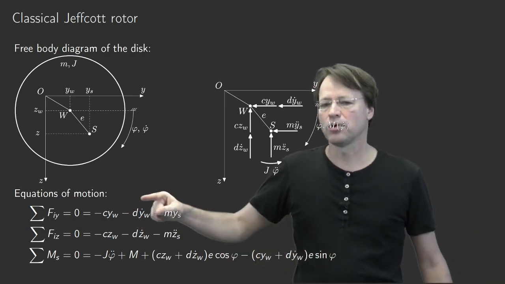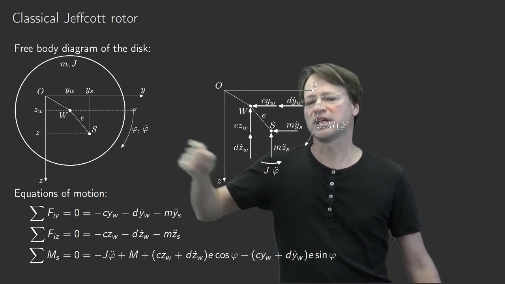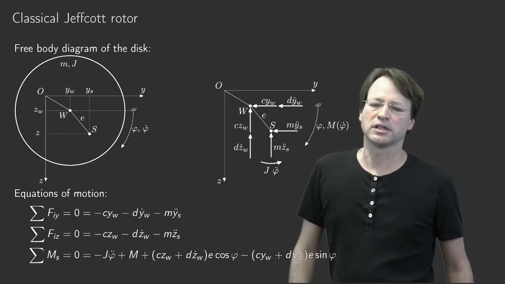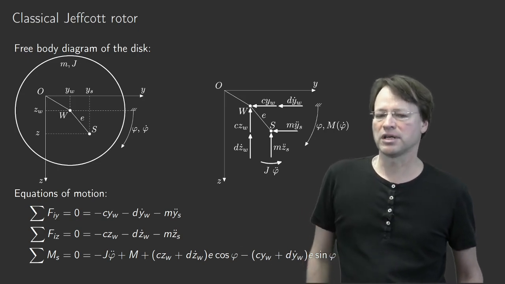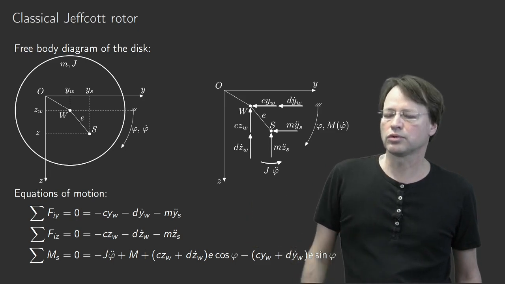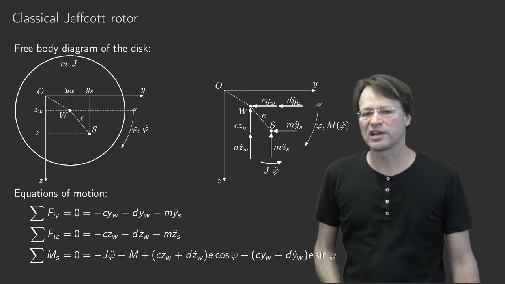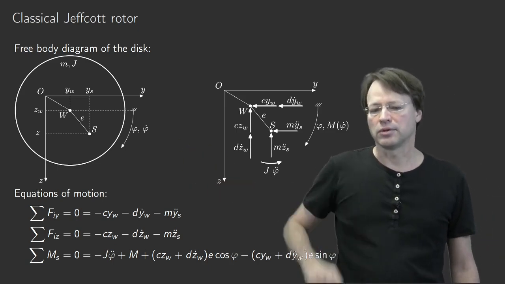Sets of coordinates pointing to the point W and other coordinates that are related to point S. And at the very end, I would like to have just one set of coordinates, as there are just 3 degrees of freedom. So we have to introduce a kinematic relationship. And then the next question is, we would not want to stop here by writing just down equations of motion. We would like to understand and learn something about our system.